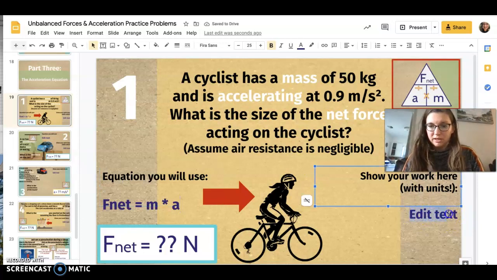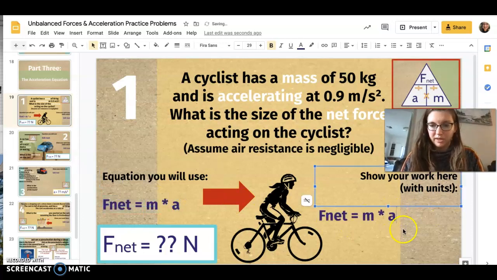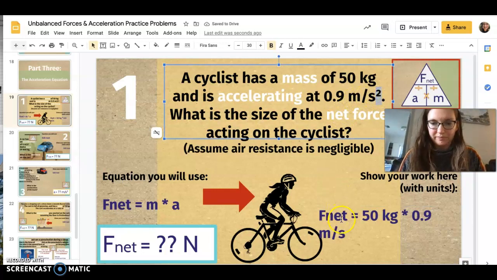All right, so let's fill in the numbers here. Let's copy and paste this over here. Okay, so F net, the mass is 50 kilograms, always using units. Acceleration is 0.9 meters per second squared.